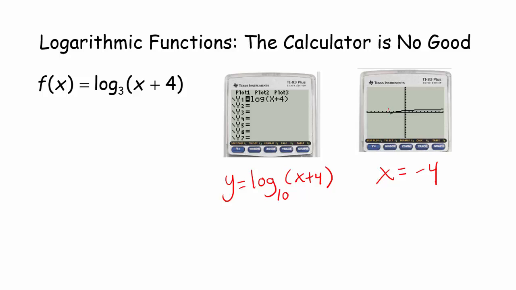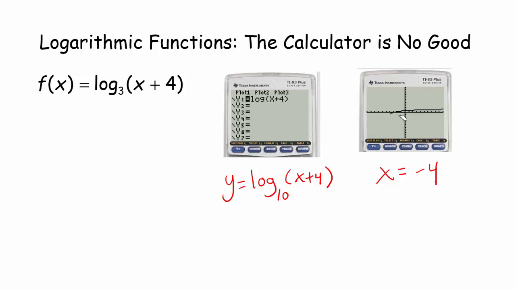Again, there's rounding error in the calculator, and this screen is not very high resolution. So there should be a vertical asymptote here at -4, which the calculator doesn't draw in, and then the graph should continue down like that, and then up very, very slowly. That's what the graph should look like.